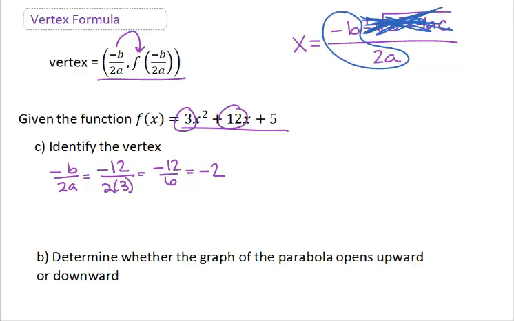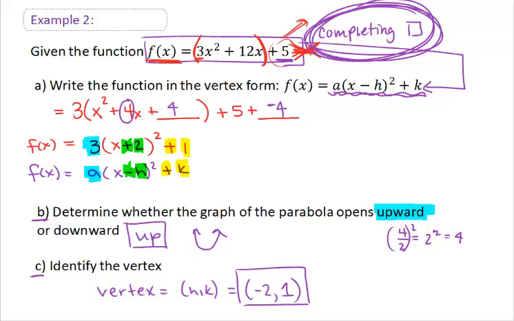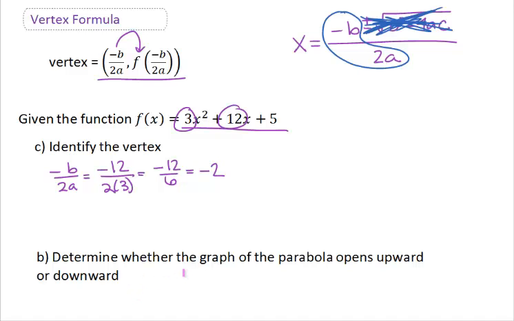And notice that's the exact same coordinate that I got back here, my negative 2. Okay. Now this is an ordered pair. This is a point. So we need to come up with a second coordinate. The way that you do that is you just take this negative 2 and you plug it back into your function.